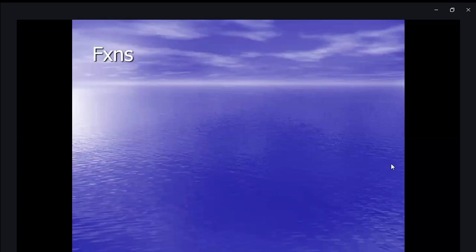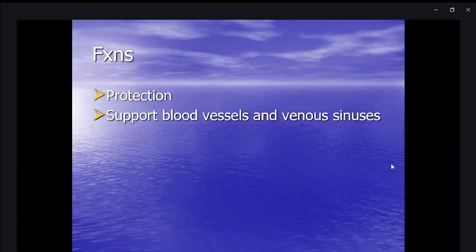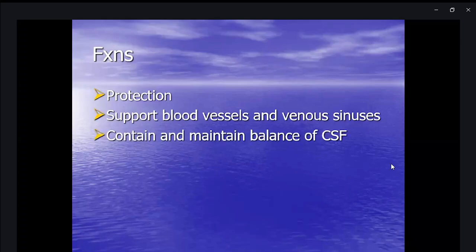The functions of the meninges are mainly to protect the brain. That's the primary function, protection of the brain and protection of the blood vessels. They support blood vessels. They contain and maintain cerebrospinal fluid.